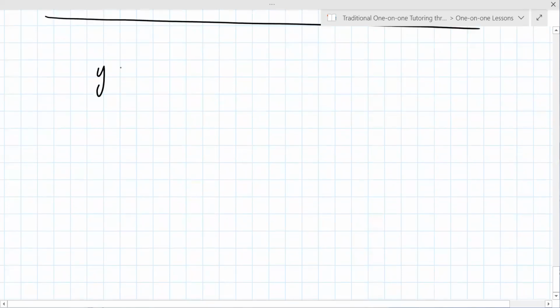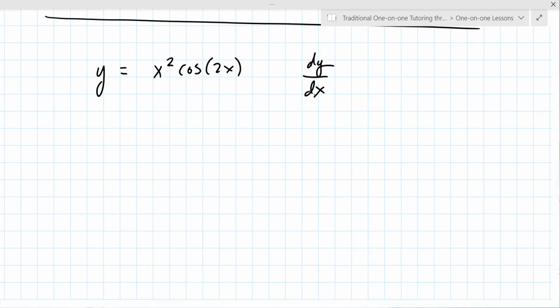Okay. All right, so one more kind of product rule-y type question. So let's say y is x squared cosine 2x and it wants you to find dy dx. My preference is to keep the first and take the derivative of the second, but it really doesn't matter, but you've got to be able to take the derivative of both of them. Derivative of cosine is minus sine.